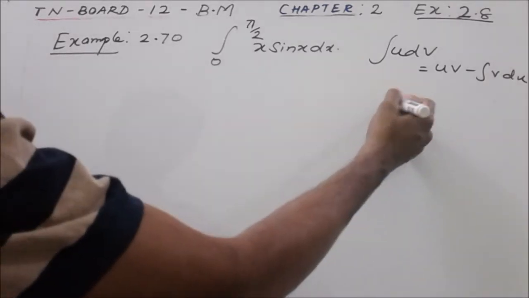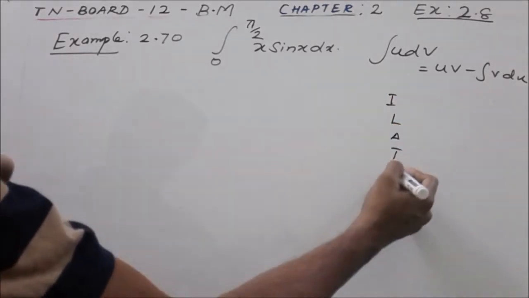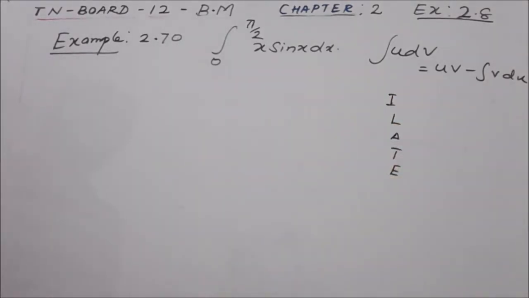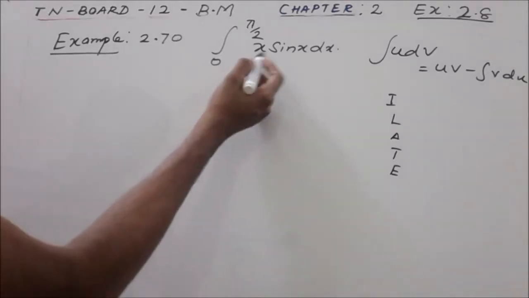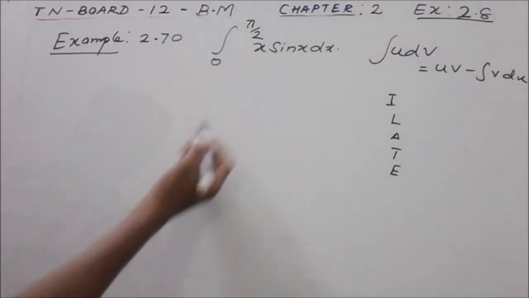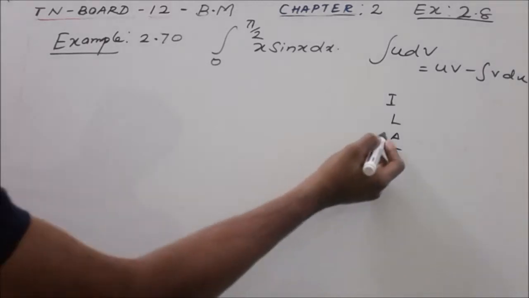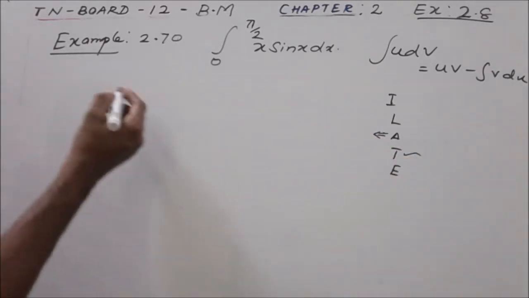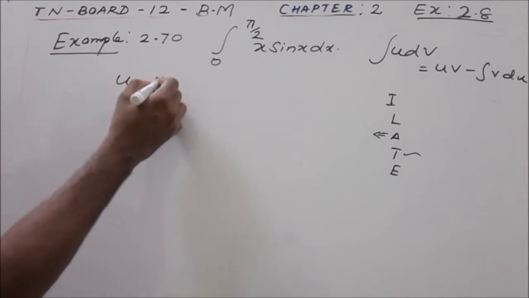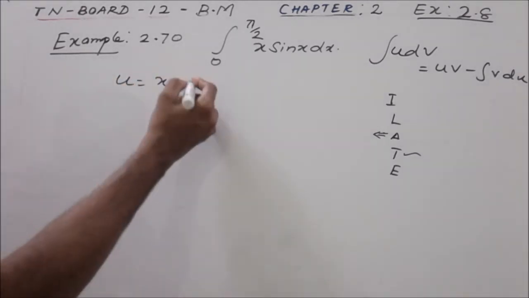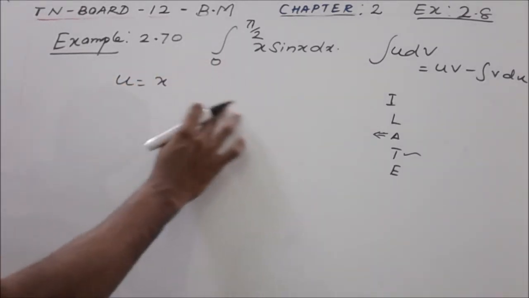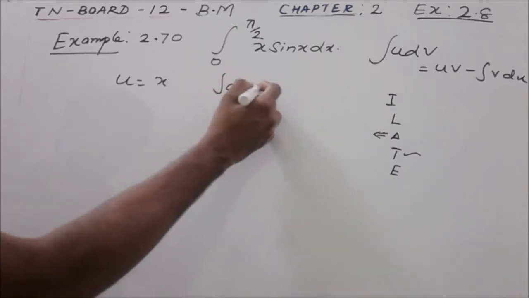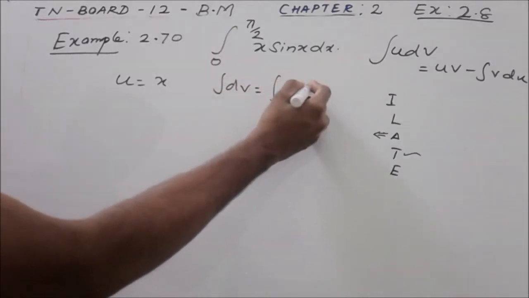By the form of ILATE, we can give priority: there are two functions, one algebraic, another trigonometric. So first priority is given to algebraic, then trigonometry. So u is chosen as x, the algebraic function. Then the remaining is integral dv equal to integral sin x dx.